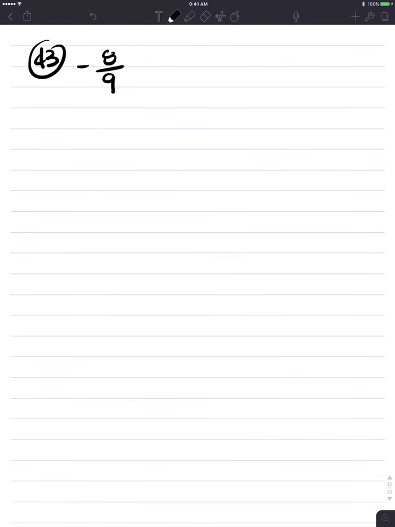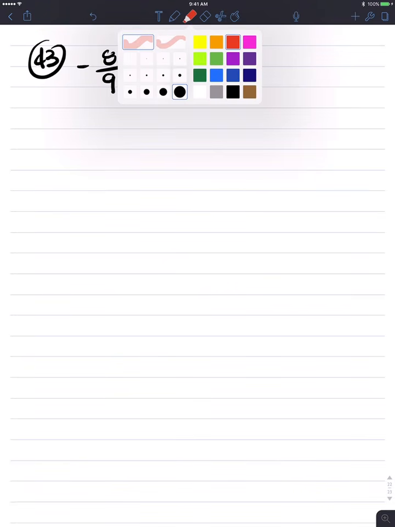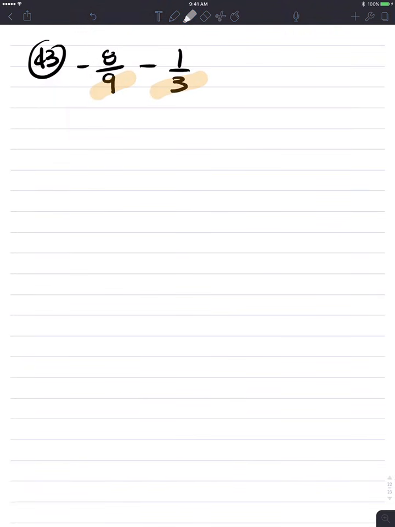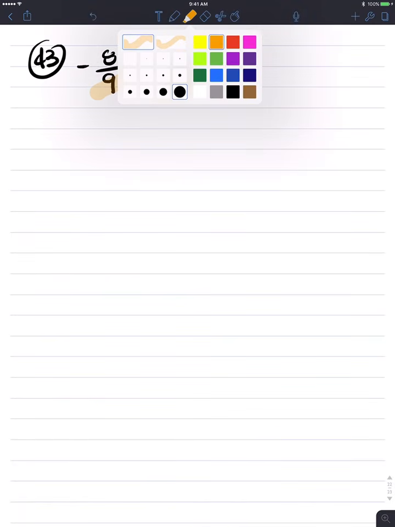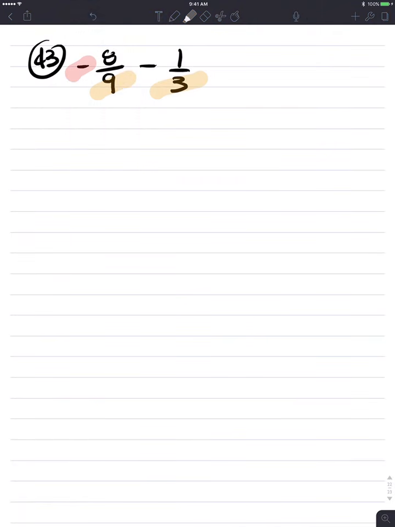43. Negative 8/9 minus 1/3. We have different denominators. Our fractions are unlike. The negative sign we're going to put with our numerator.